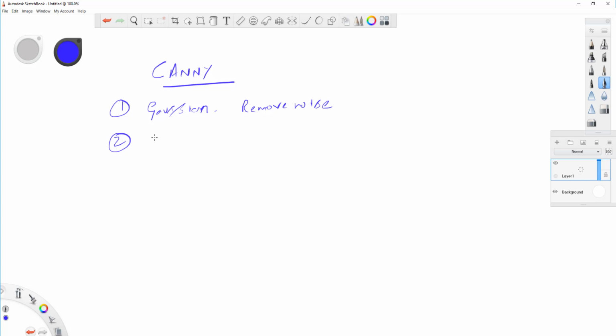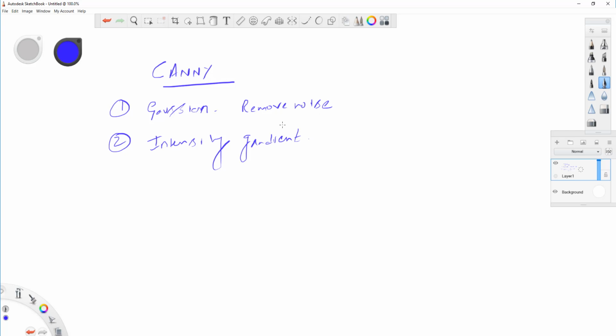Step number two is finding intensity gradients. The edge can be aligned in any direction, which is why we use Sobel and others, in a diagonal way. So Canny uses four filters to detect the horizontal, vertical, and diagonal edges in this blurred image.